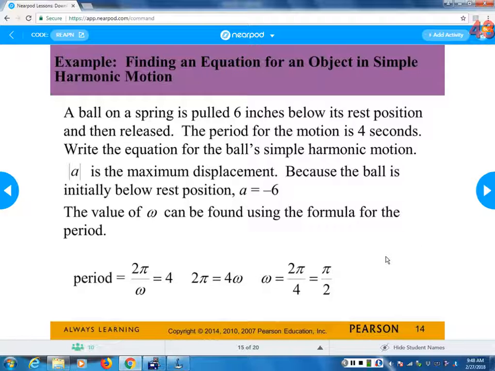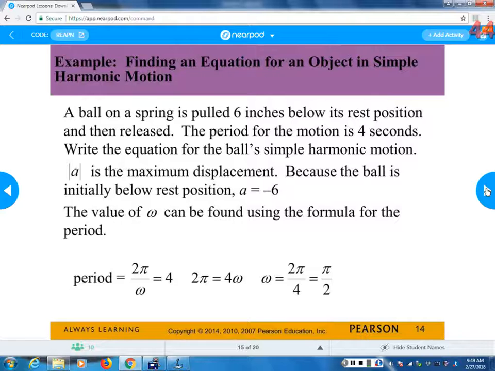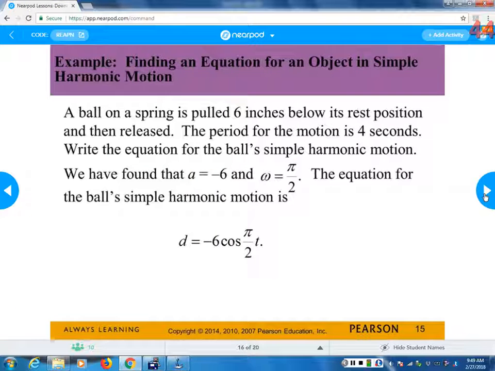So here's, what does it say on this slide? It says d is negative 6. See, small d. Okay, and then here's finding omega. And then once we found A and omega, we could write the equation.